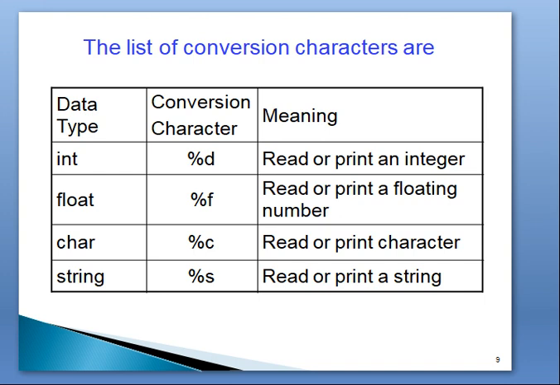The list of conversion characters used in the C language. In this table, if you observe, the row headings are data type, conversion character, and meaning.